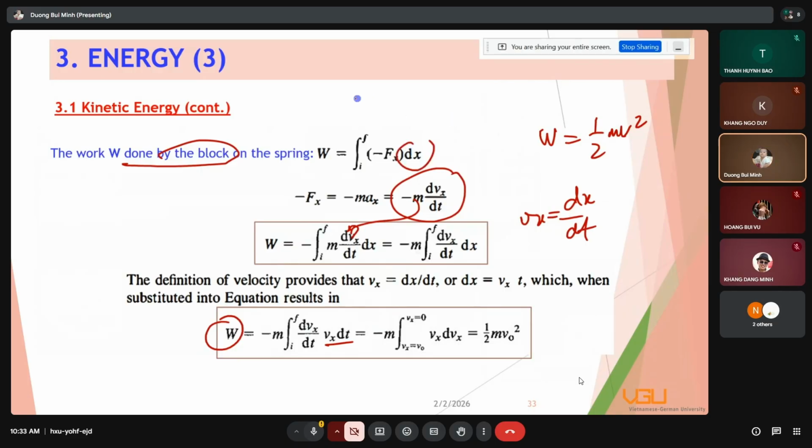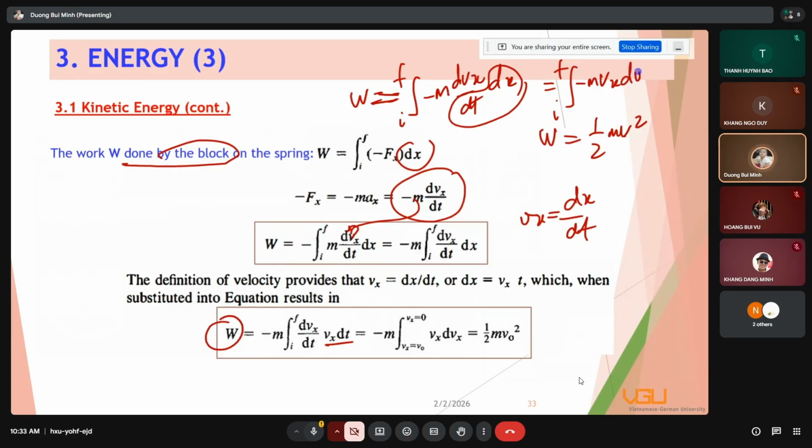So actually the work is the integral from i to f of minus m dvx over dt dx, and dx over dt is vx. You can get the integral from i to f of minus m vx dvx. If I multiply by delta t here and divide by delta t here, I get this one.